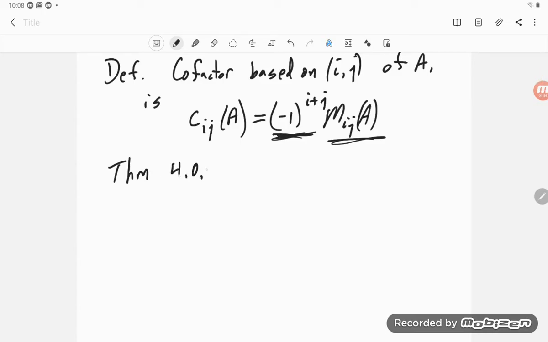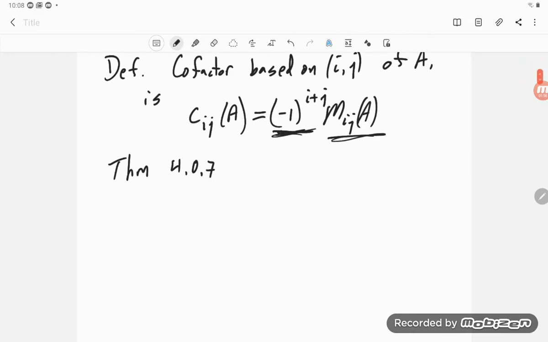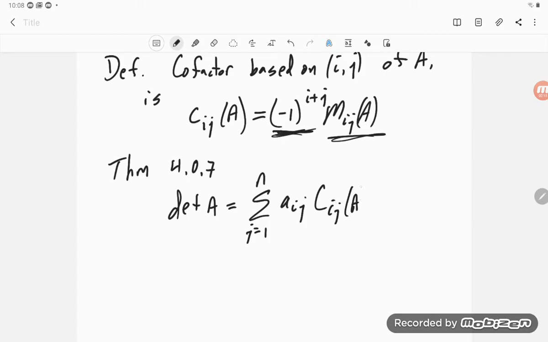It's not much of a theorem, right? They just say, oh, well, we could write the determinant of A in terms of its cofactors instead of minors. So the sum j equals 1 to n of a_ij times the cofactor C_ij of A, right? And that's for any i, any row expansion.